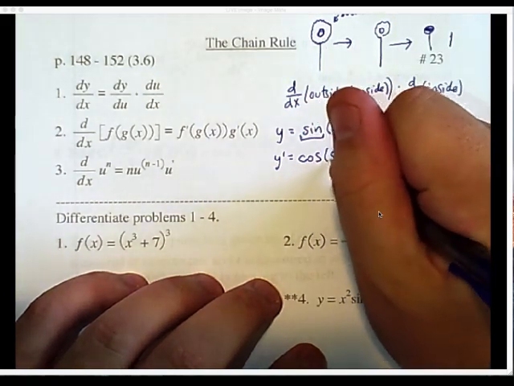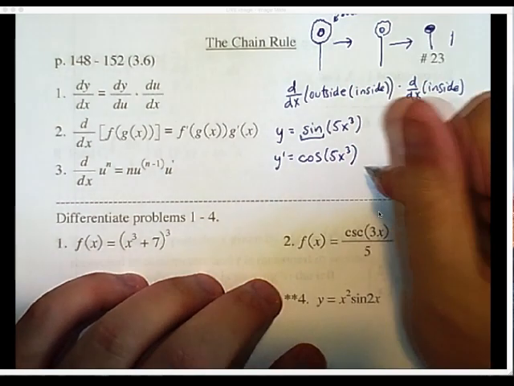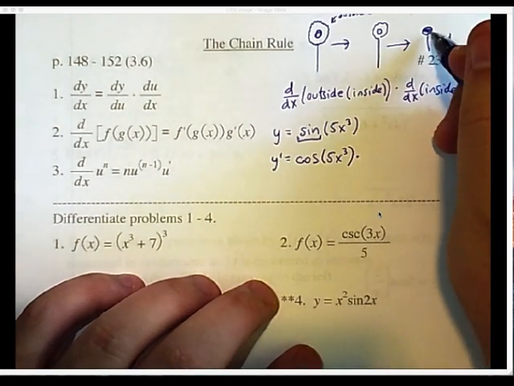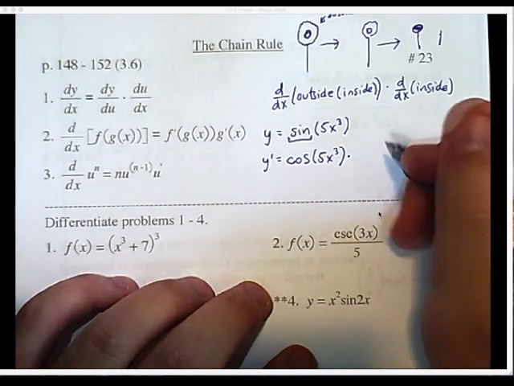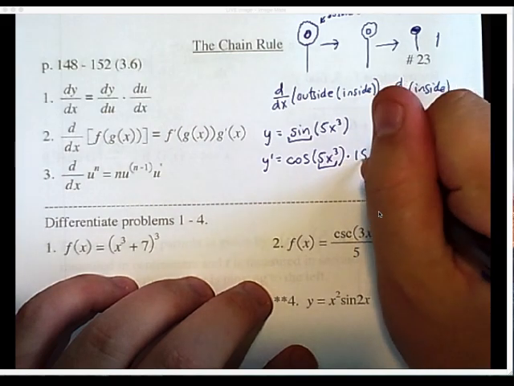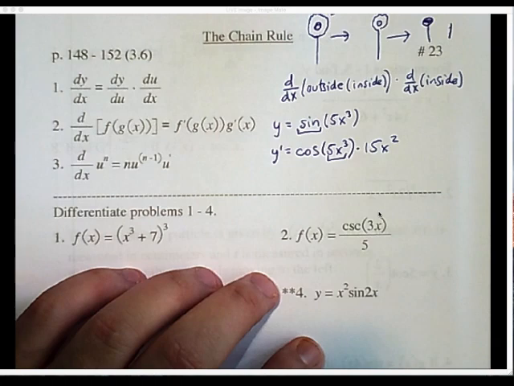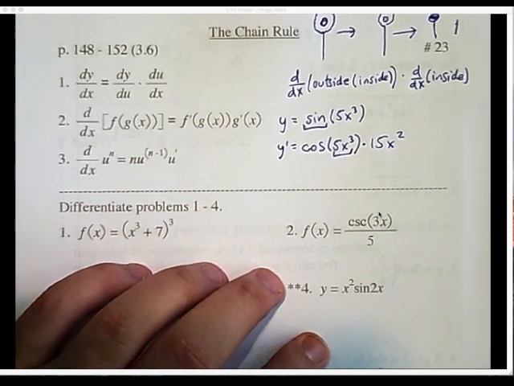We haven't got to the inside yet. So the inside stays the same. But now, eventually, when we get to the inside, we want to eat the inside as well. So I have to multiply that times the derivative of the inside, which would be 15x squared. Okay, so that's an example of the chain rule in action there.